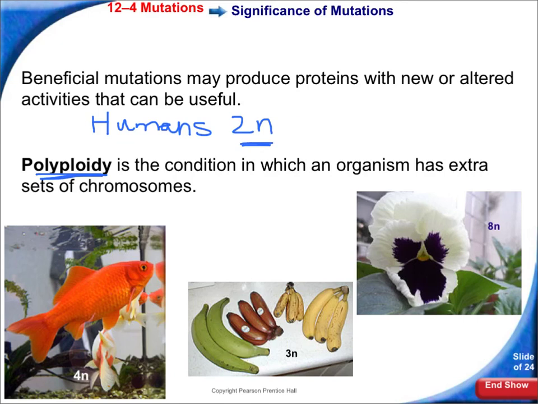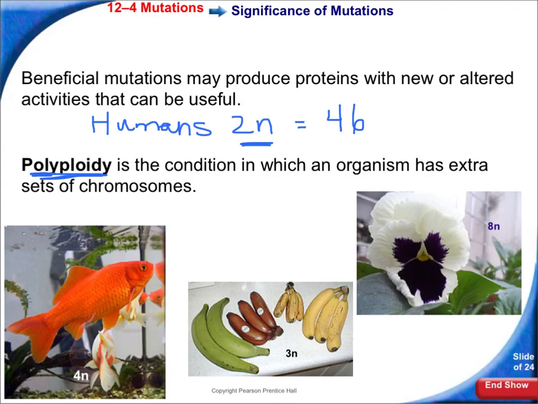We say that they're diploid. They have a total of 46 chromosomes, or we can say 23 pairs of chromosomes. Organisms that are polyploid have extra, entire sets of chromosomes. Remember, poly means many, so they have many sets.